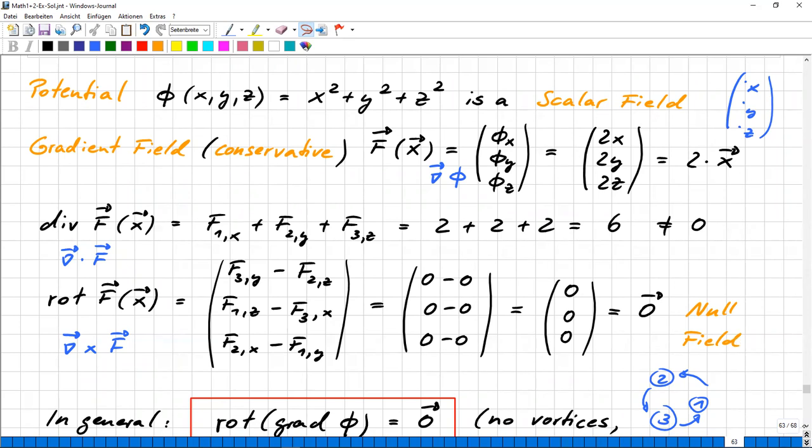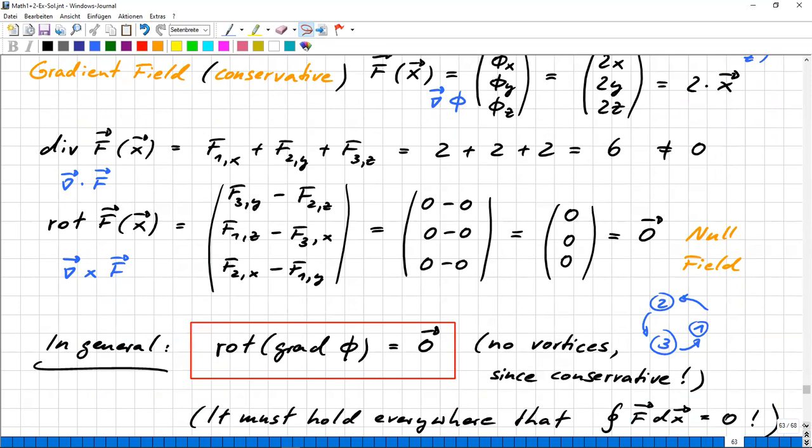Well, let's put this in a general form, because it's a general fact. We just found out that the rotation of a certain gradient field, which is the gradient of a potential, gets us the zero or the null field. And it turns out this is a general law, for a quite simple reason. We have understood that the gradient of a potential is always a so-called conservative field, which means, exactly speaking, it has no vortices.